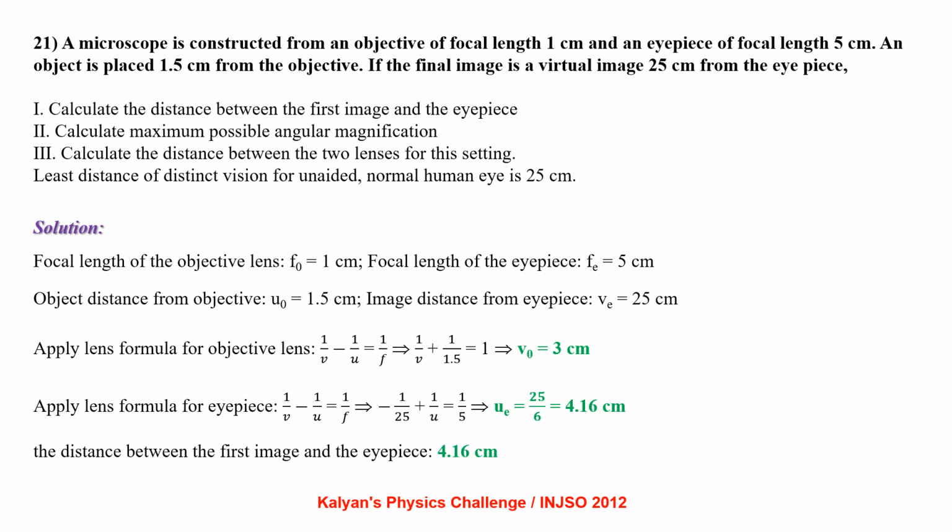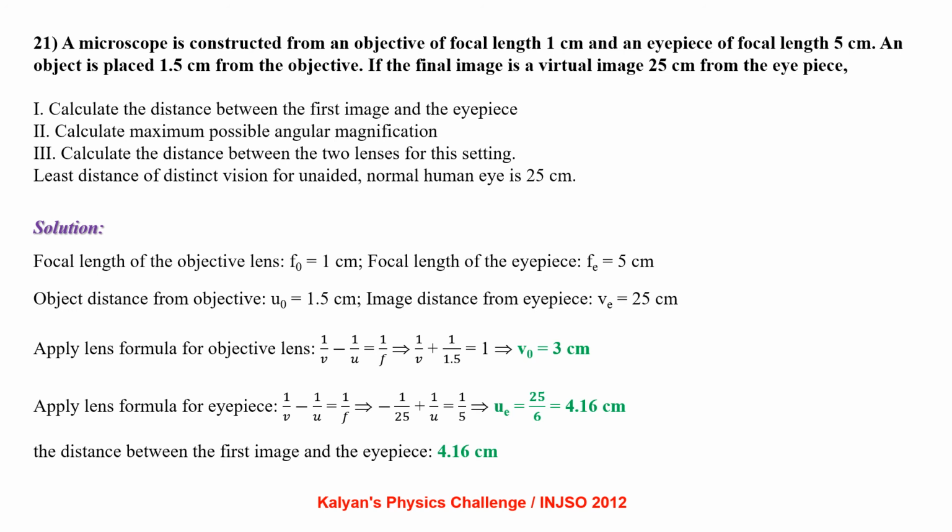Applying lens formula for eyepiece, 1 by v minus 1 by u equal to 1 by f, we have ue, that is object distance from eye lens, is 4.16 cm. The distance between the first image and the eyepiece thus is 4.16 cm.